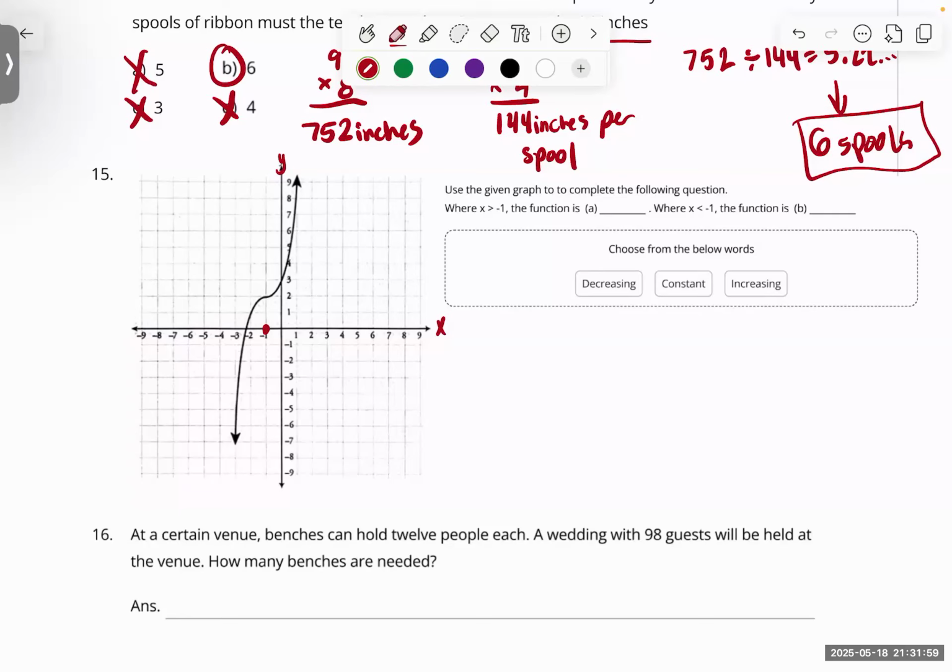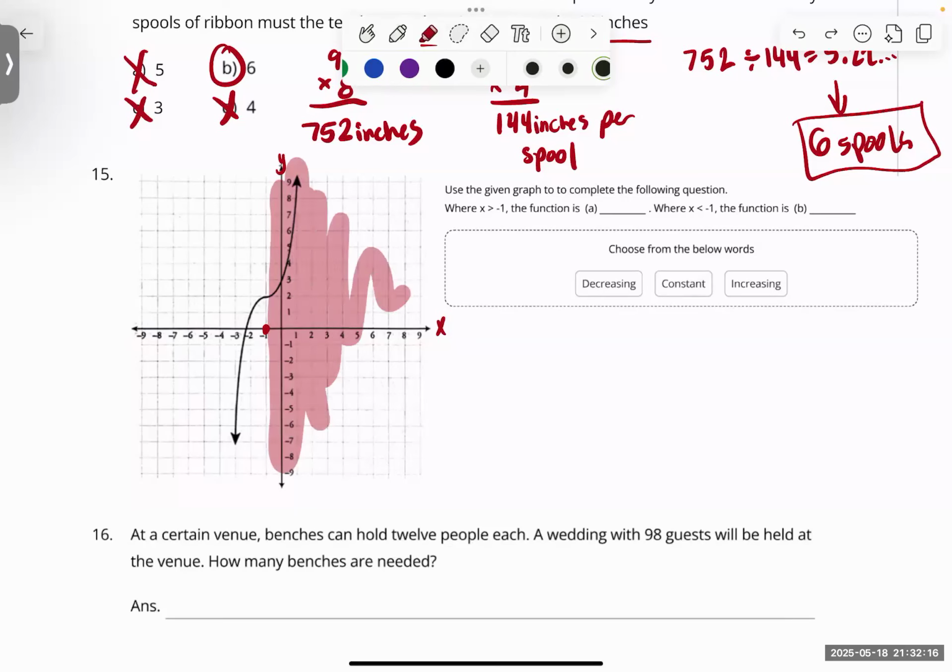That quite literally means all my x values that are bigger than -1. And clearly, these values are bigger. So I'm looking at this side of the graph and beyond. As you can see, the graph from here is going up, meaning it is increasing.